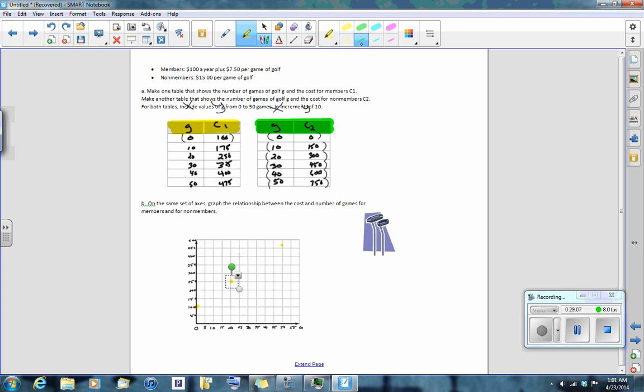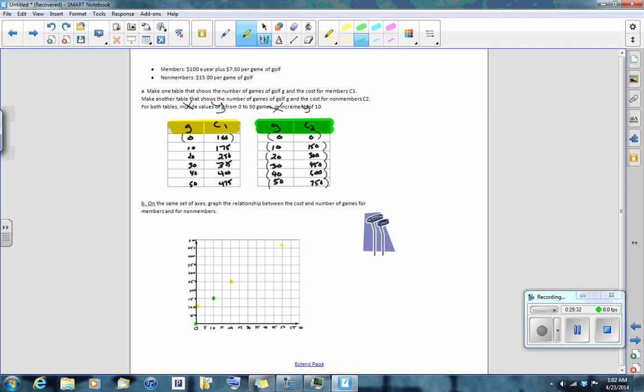I'll graph some green ones now. The green ones don't have a y-intercept. They start right there at the origin at 0, 0. 0 movement on the x, 0 movement on the y. Then we have, say, 10 and 150. So I could graph that, go over 10 on the x, and go up to 150 on the y. Put a point.